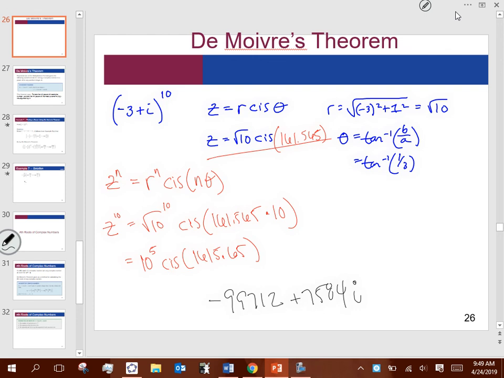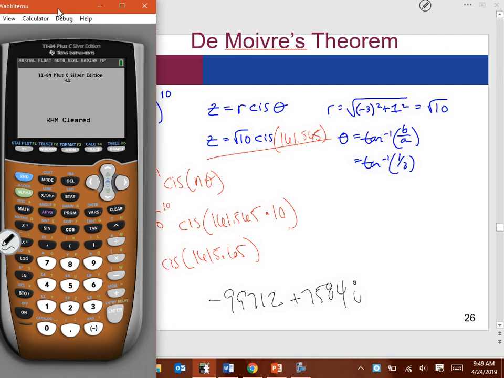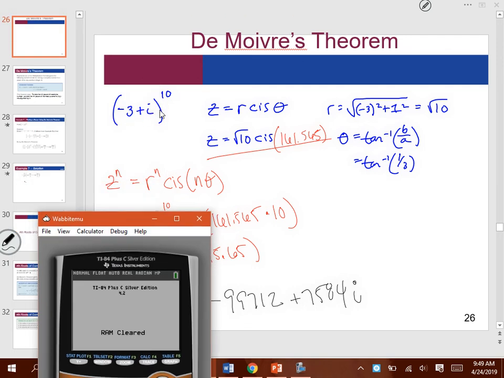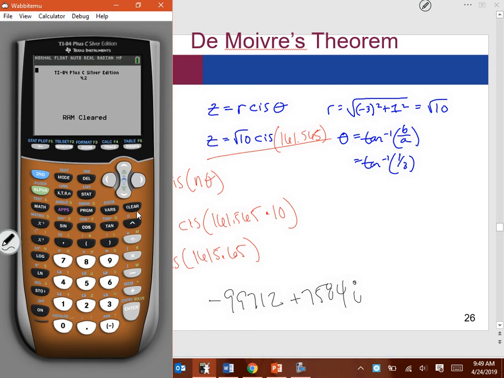And I'm usually pretty lenient with the work that we show, but if you just have this written down as the problem and you get just this as the answer, there's no work involved here. I'm not giving you credit for it. However, maybe this would be useful. You guys have the ability to go -3 plus. Now, i is second, and then your decimal.